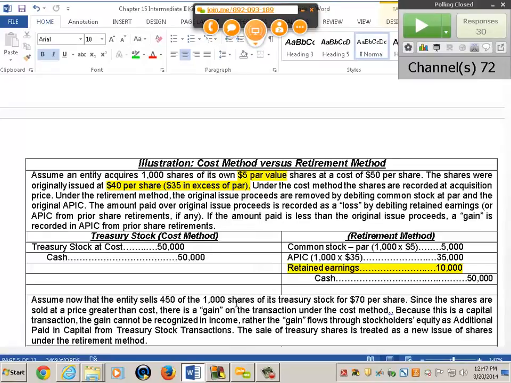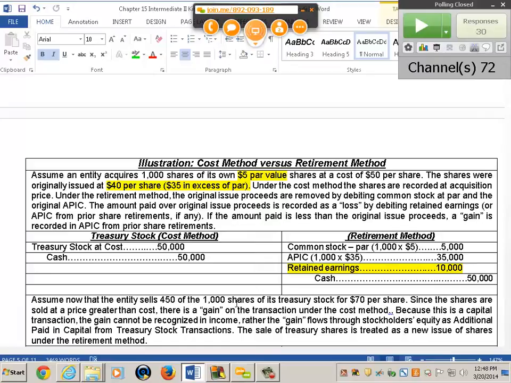The retirement method and the par value method are the same, except the par value method uses a contra account instead of debiting common stock directly. In this case, if I buy back $50,000 worth of treasury stock, I have to compare that to what I received on the original issue. So in this case, the whole game changes because we are concerned with how much we received on the original issue. So now we take the acquisition cost.